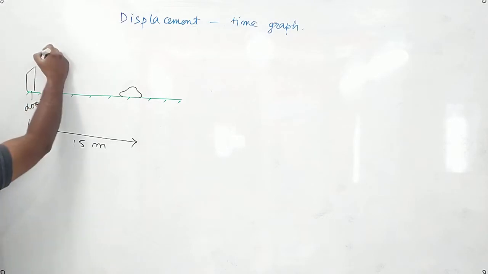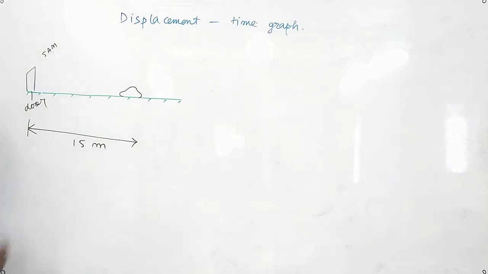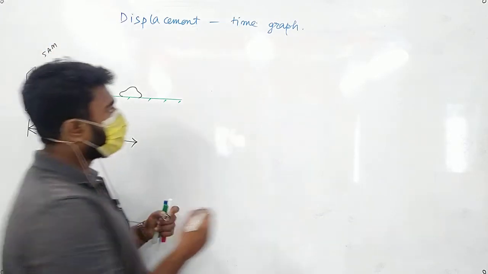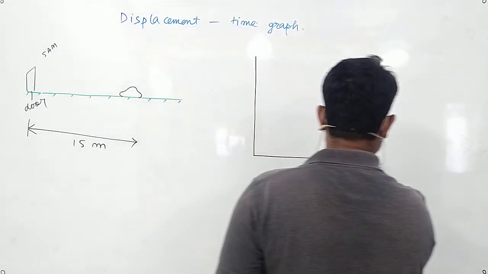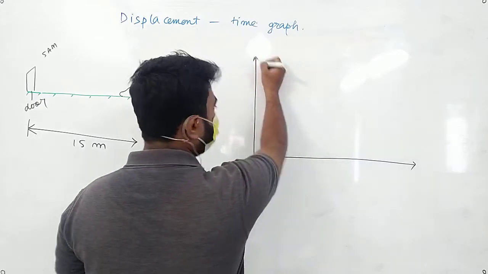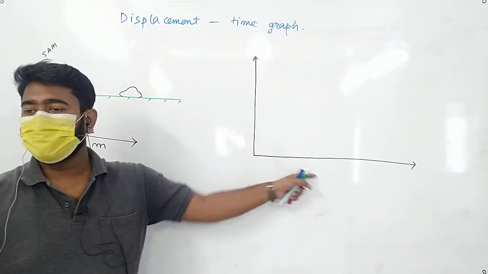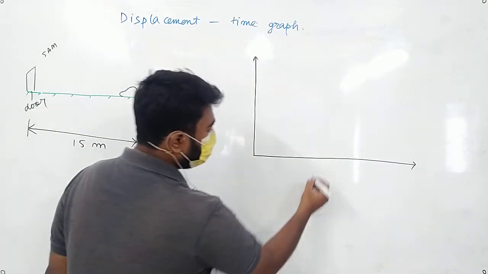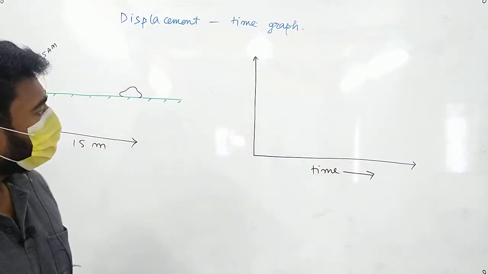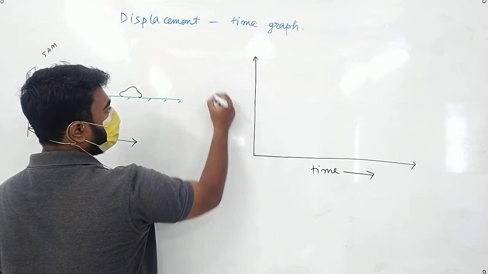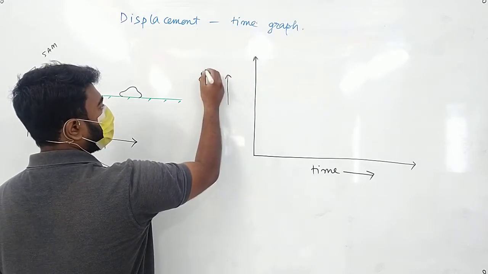Now he woke up in the morning at 5 a.m. In which direction we will put time? In this direction. So this is our direction of time. In which direction will he put displacement? In this direction.